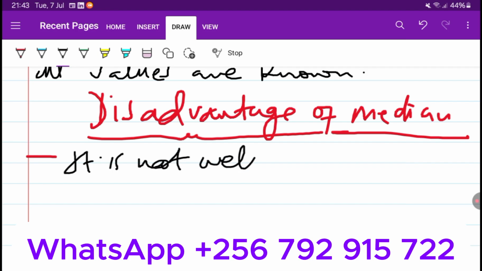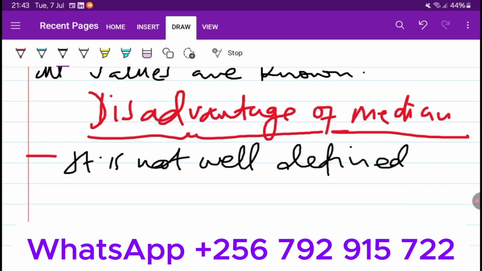You may have a data set of 10 observations, and how you determine the median may differ. If I have 9 observations and I have 10 observations, the way you determine them may be different. So it is not well defined.